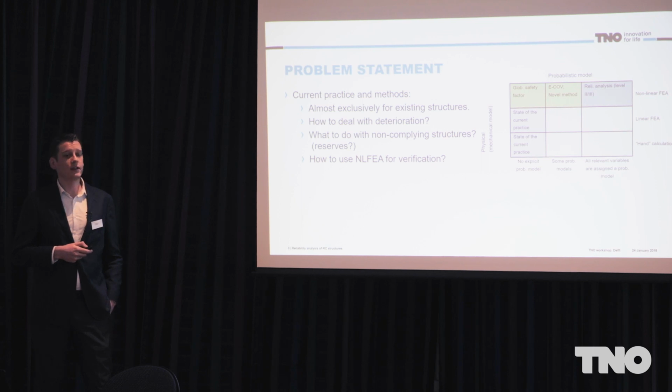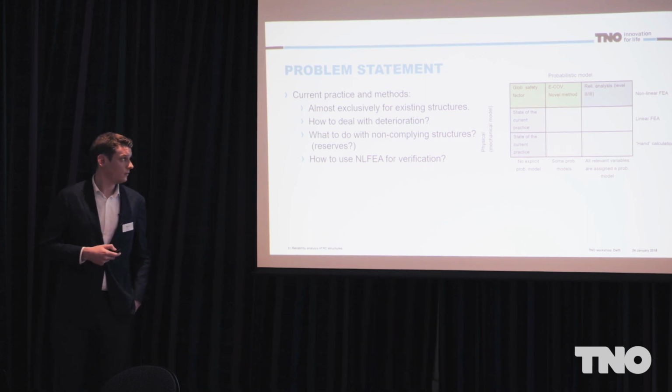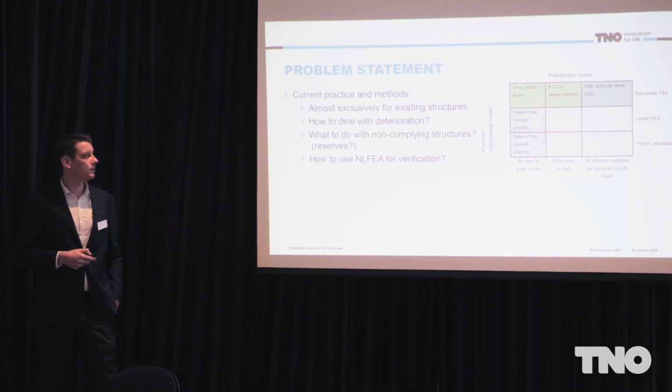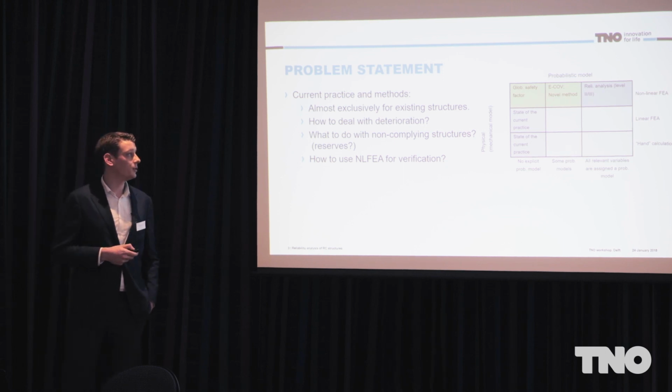Even if we rely on finite element models, we usually use linear finite element analysis. So one way to extend and to explore hidden safety or some reserves of the structure is to utilize the nonlinear capacity of the structure. So this can be done by using nonlinear finite element analysis now. The computational power and the software packages are available to achieve this.